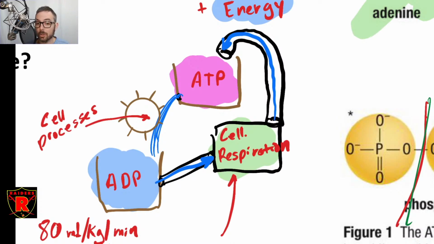How much oxygen your blood can hold is limited by the number of red blood cells. We're going to talk about this when we talk about the circulatory system a little bit more. It's limited by the actual rate at which you can pull oxygen out of your blood, which has to do with how many capillaries, tiny blood vessels, you have around your muscles and things like that. So there are different factors that play into how quickly you can actually get this oxygen into you, but it's not usually limited at the lungs.